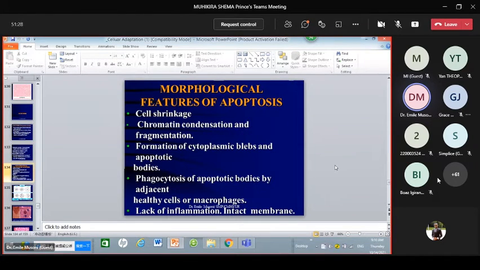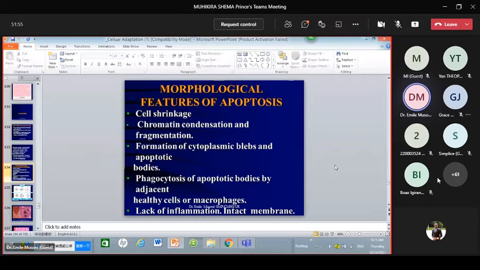Let us see some morphological features of apoptosis. There is cell shrinkage, chromatin condensation, pycnosis, and then fragmentation, karyorrhexis, formation of cytoplasmic blebs and apoptotic bodies, because apoptosis concerns the nucleus and even the cytoplasm.